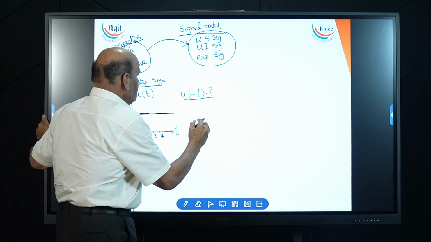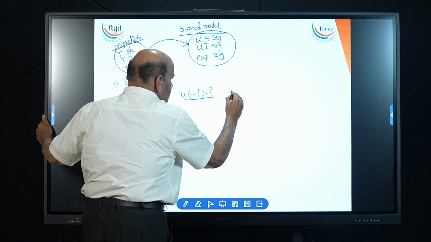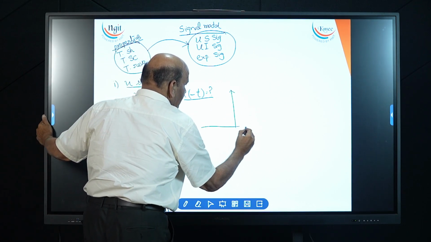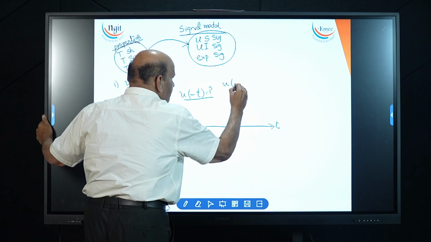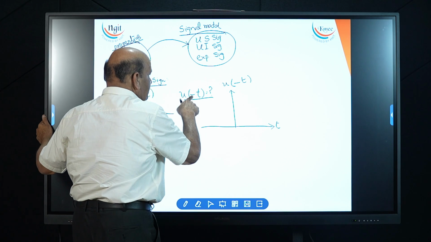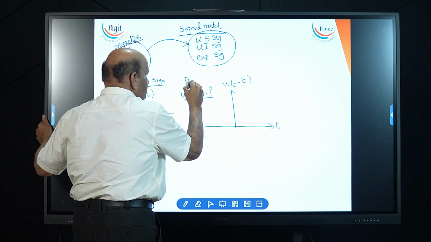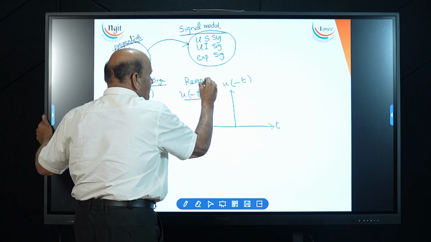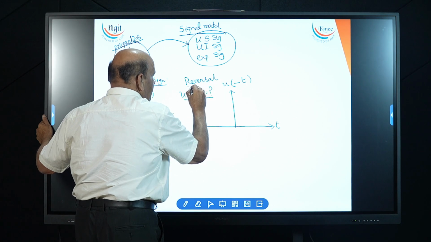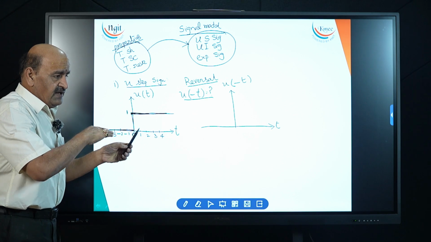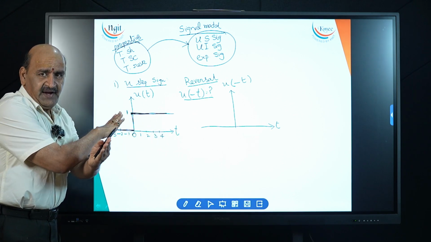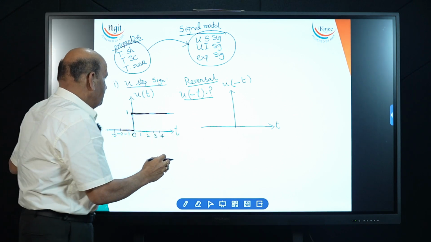Here you can make it just like this, time reversal. This is t, and this is u of minus t. So time reversal means what? Minus t implies reversal of the time. Look at the graph: make it the reverse, in the reverse direction.